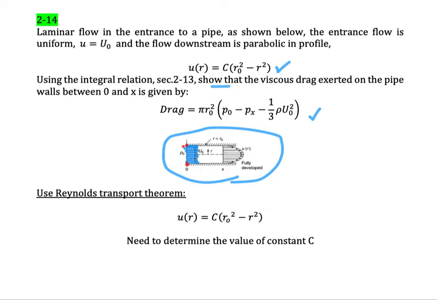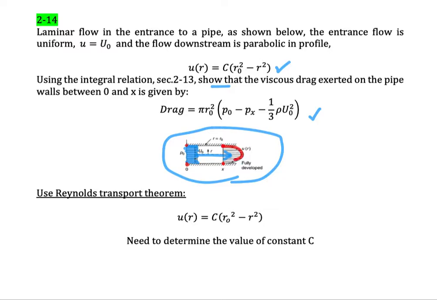Then when the fluid flows a certain distance, the resistance on the pipe wall is fully effective. So the condition called no slip condition has occurred.